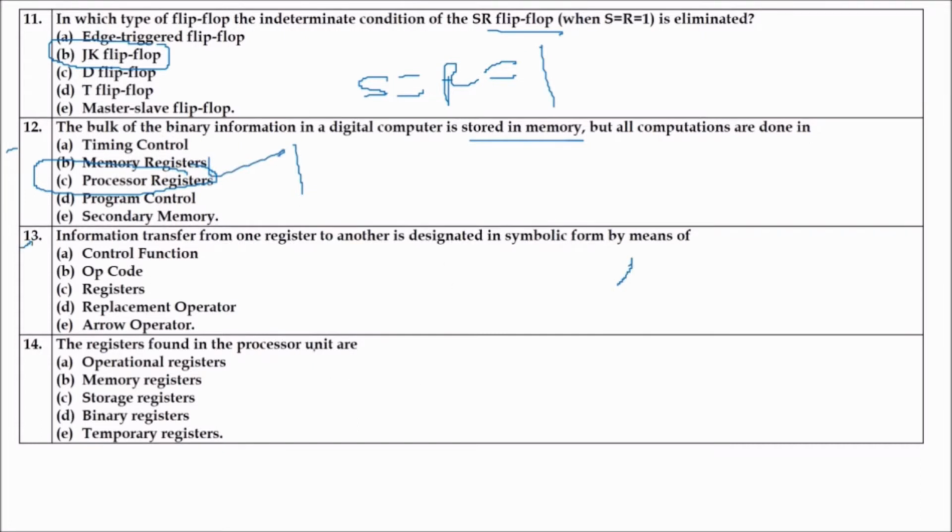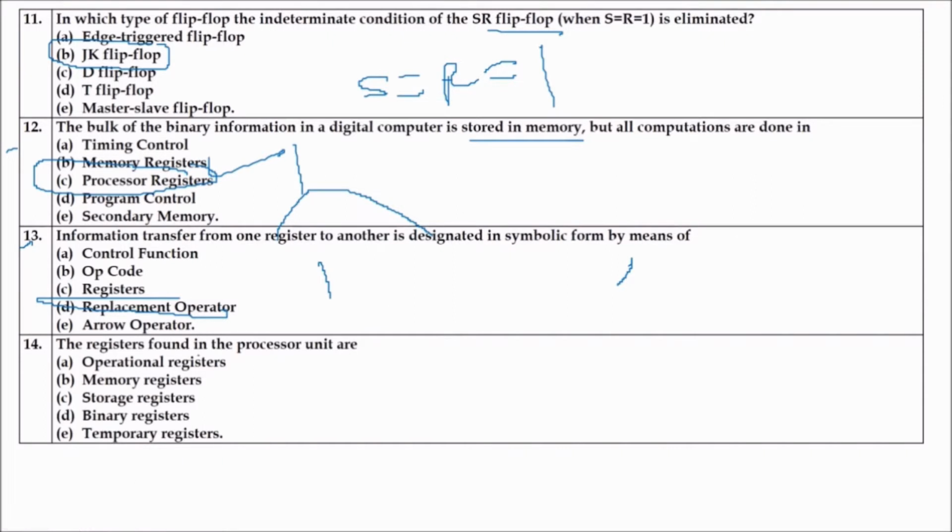Next is, information transfer from one register to another is designated in symbolic form by means of what? The answer is replacement operator. Is this the correct answer? Yes, because the replacement operator, consisting of the information transfer from one register to another, is designated in the symbolic form.